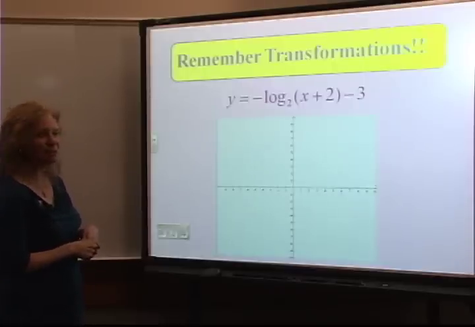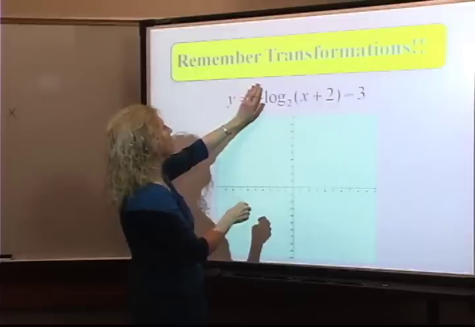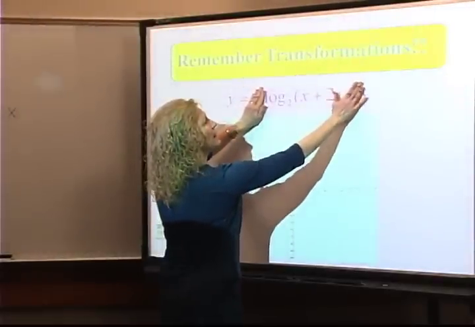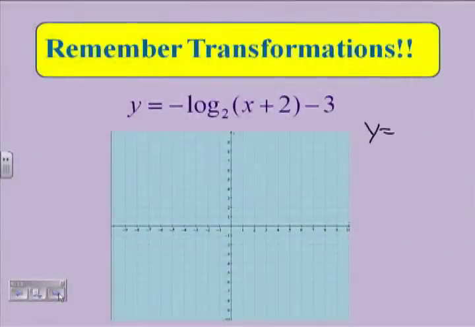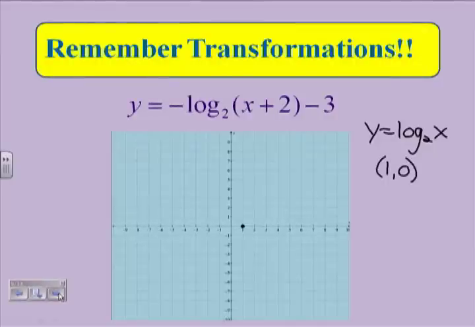Well, another transformation problem. You see that if you take away that negative, the 2 and the 3, we would have y equals log base 2 of x. Well, we know he goes through the point 1, 0. And remember I said, along with the point 1, 0, that they all go through.